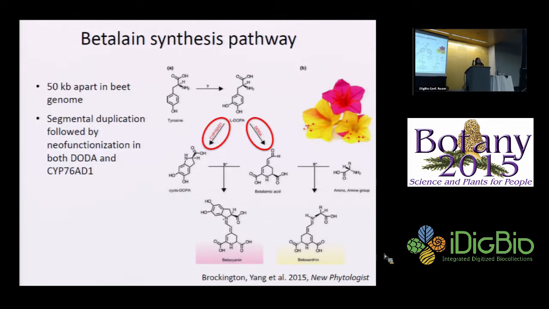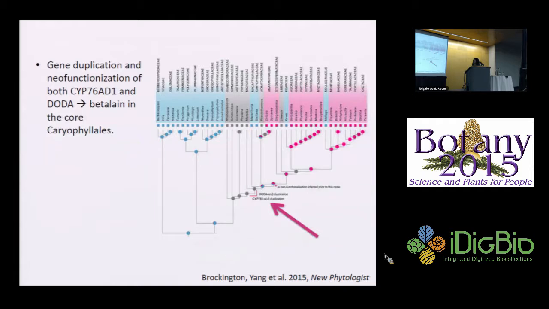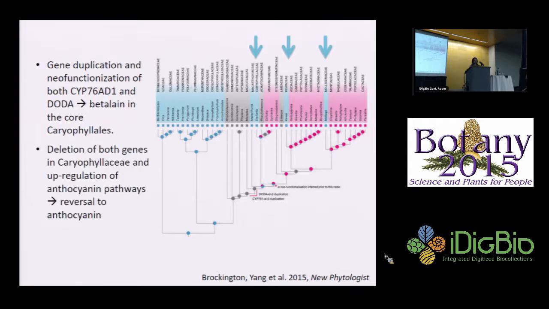We found that these 2 genes are actually only 50 kb apart in the Beta vulgaris genome. And both of them went through segmental duplication followed by neofunctionalization in both enzymes. And the location of duplication and neofunctionalization happened right at the onset of the switch from anthocyanin to betalain. And betalain was lost at least 3 times in Caryophyllales, then switched back to anthocyanin.